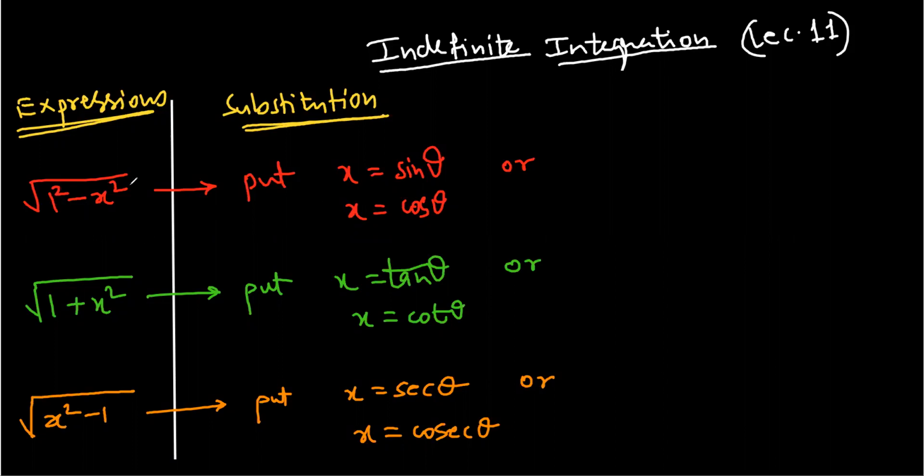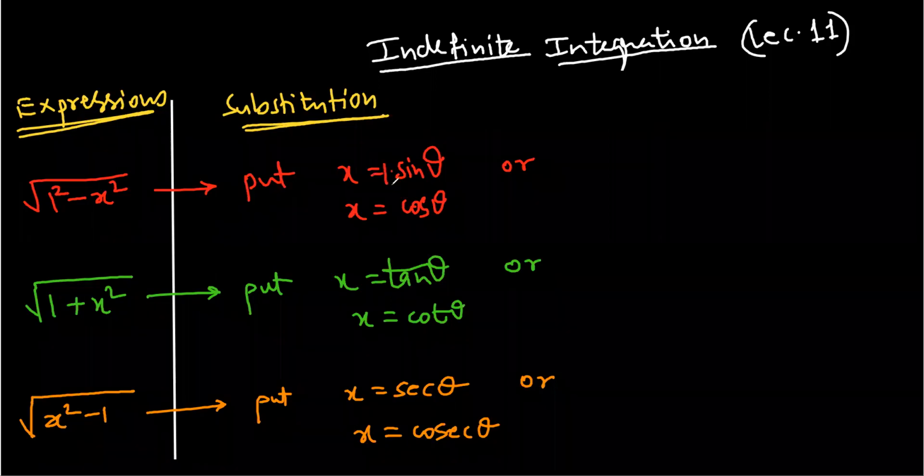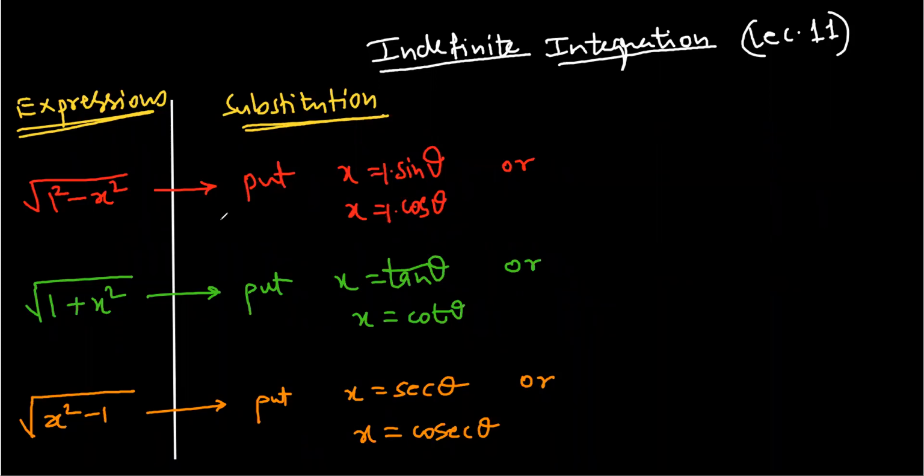Now 1 square minus x square, put x equal to 1 sine theta or 1 cos theta. I repeat again. Earlier I would tell you that it is square root of 1 minus x square. Now you should understand that it was actually 1 square minus x square.